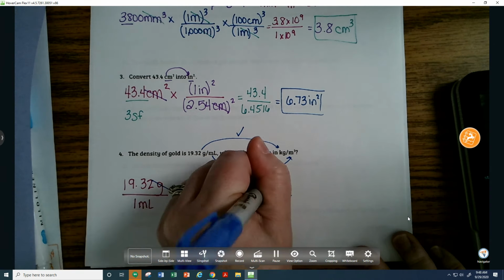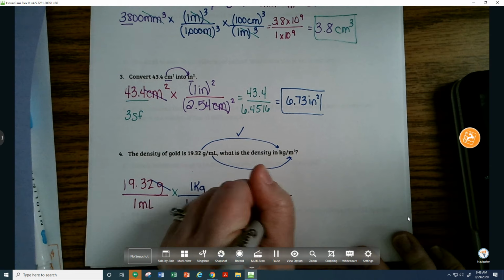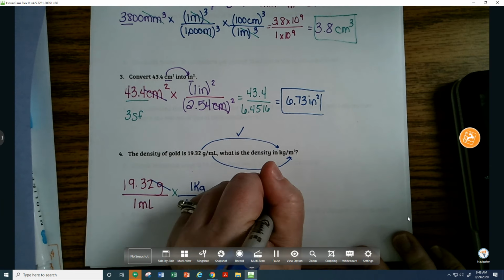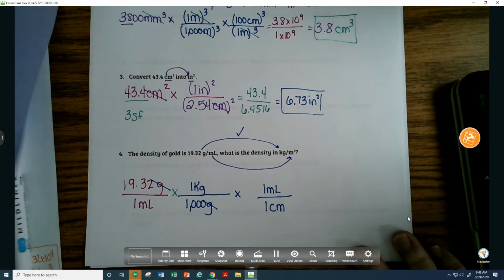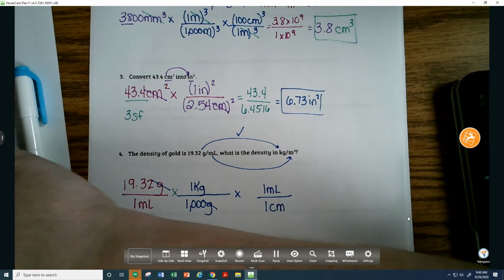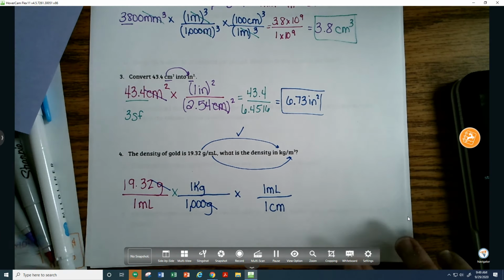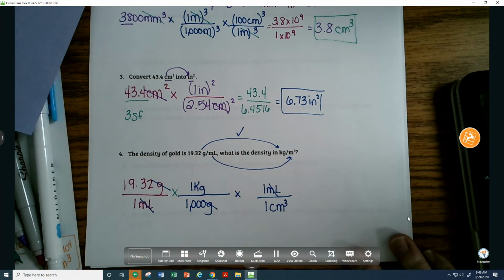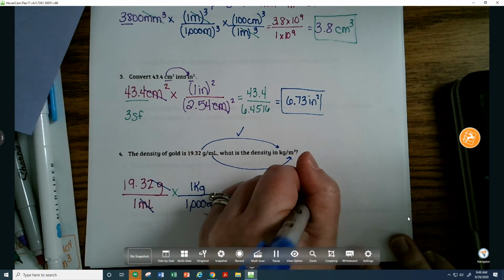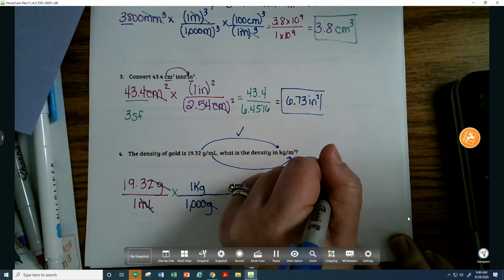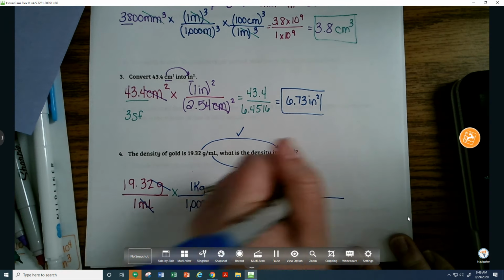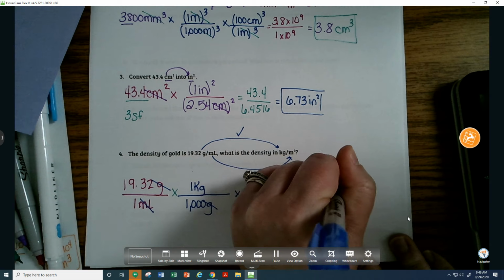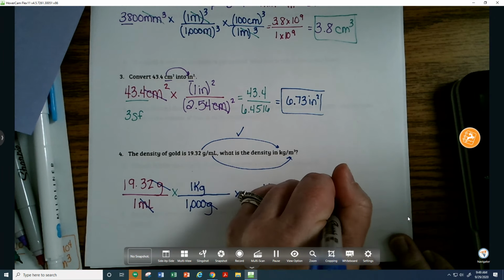So 1 milliliter is going to be in the top is to 1 cubic centimeter. Okay. Where we can go to next then is milliliters cancels. We're at cubic centimeters. So then we just need to get it out to cubic meters. So centimeters is in the bottom. So 100 centimeters is going to go in the top is to 1 meter.